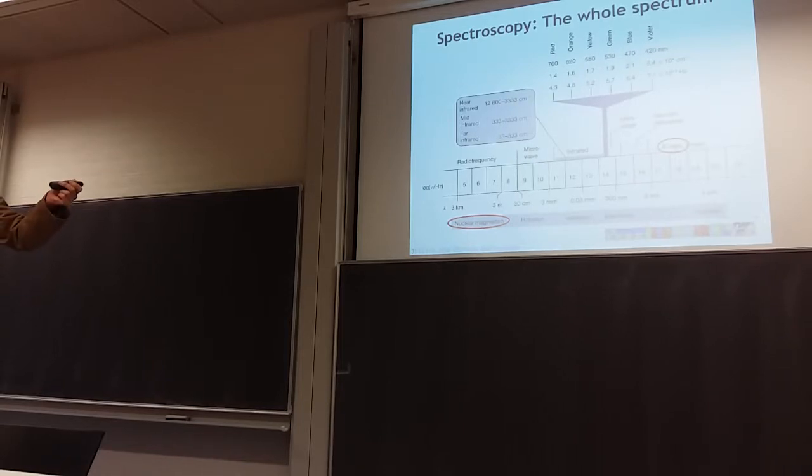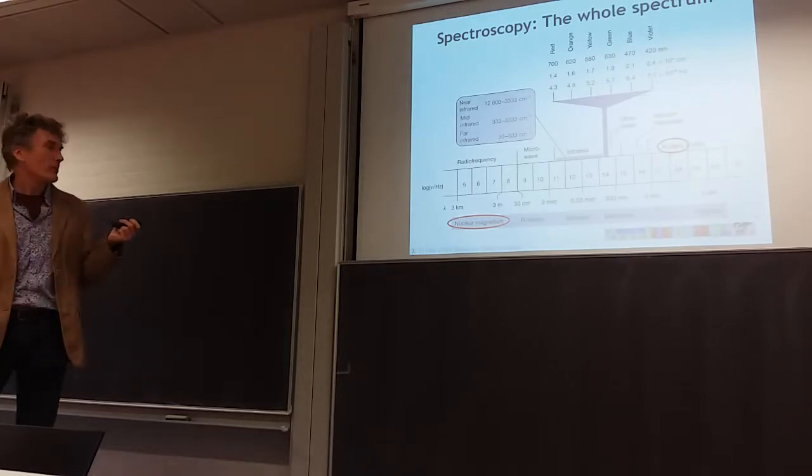X-rays are on the high end in terms of energy and frequency, with very short wavelengths, and that's what we use. At the other end, we have radio frequency waves, which we use to measure nuclear magnetism. That's for the NMR.